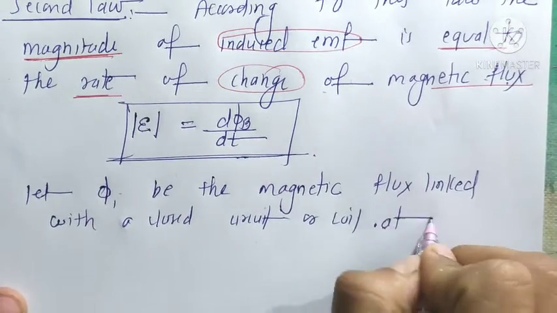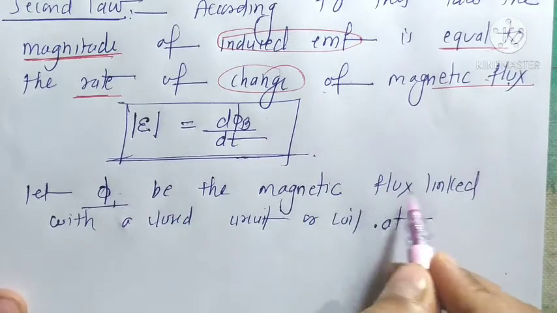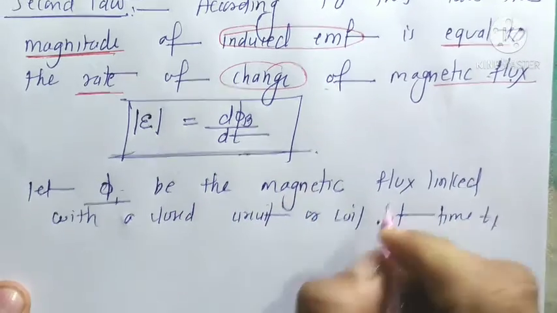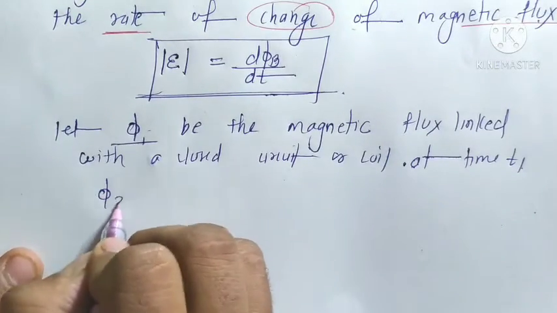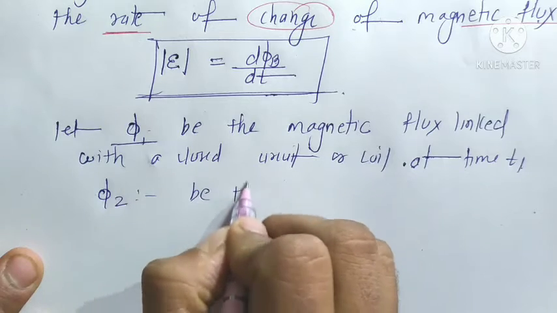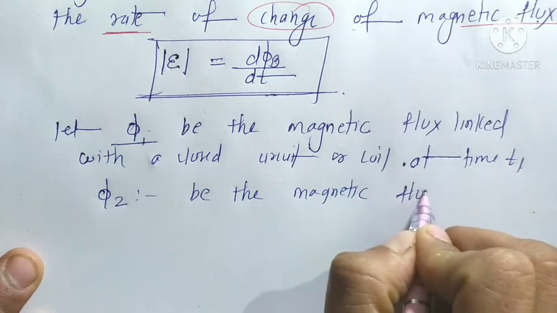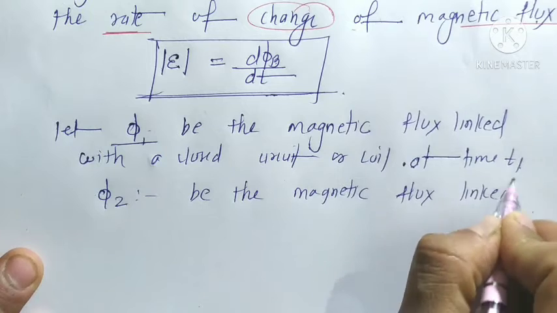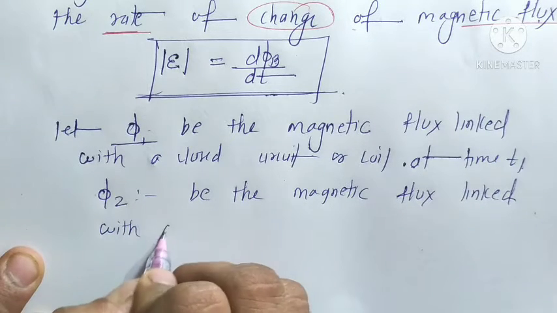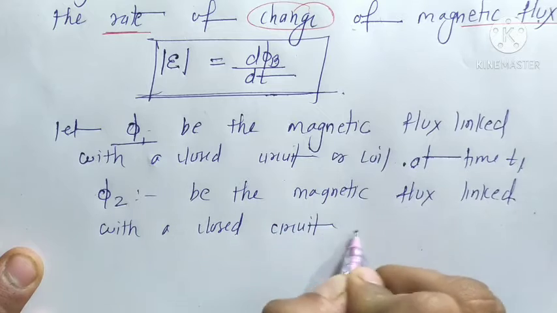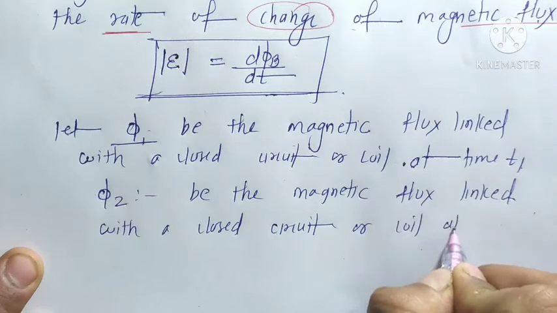So phi 1 is the magnetic flux linked with this coil at time t1, and phi 2 is the magnetic flux linked with the closed circuit or coil at time t2.